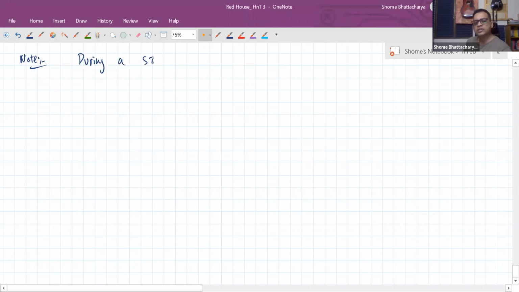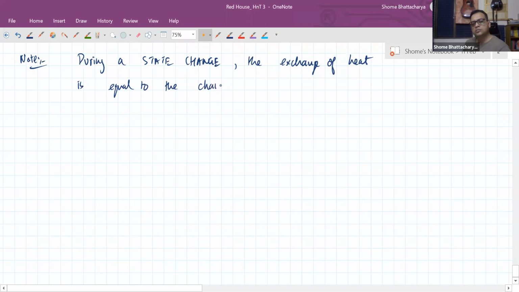So during a state change, okay, yeah, that's what we call latent heat. That's correct. Okay, the exchange of heat, okay, is, you can say, correlated with, or you can say it's equal to the change in bond energy.